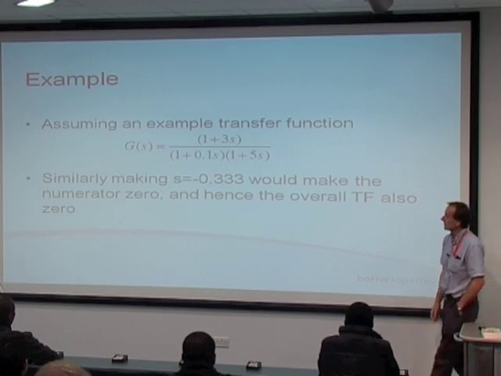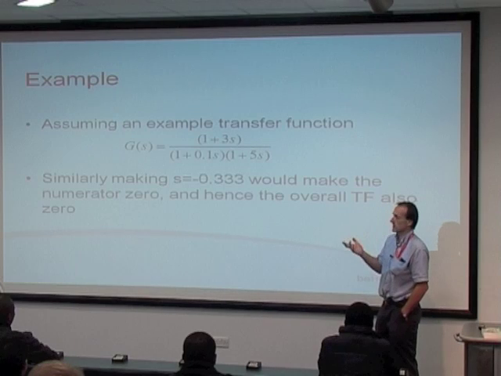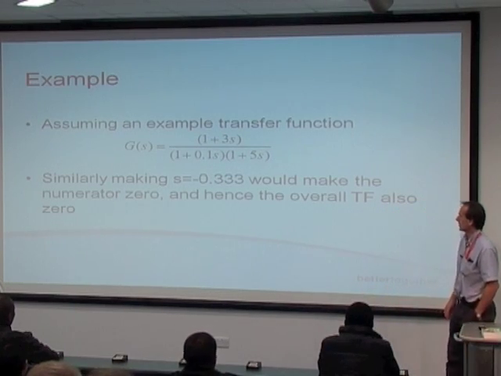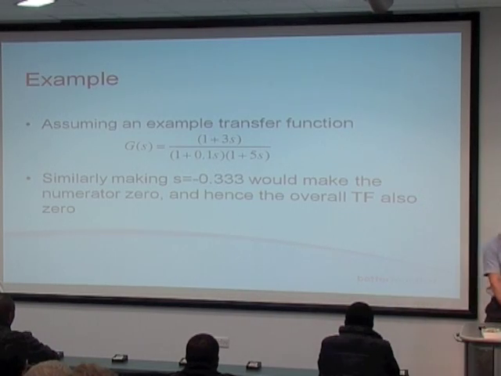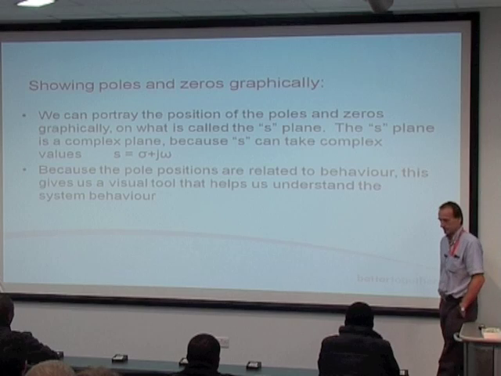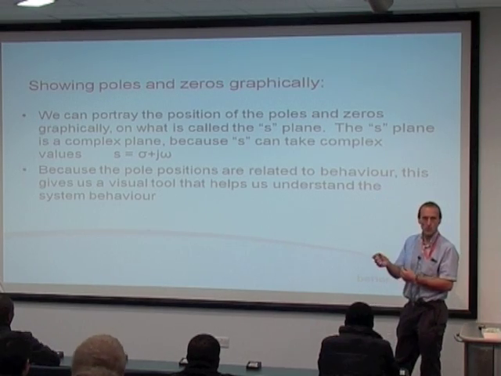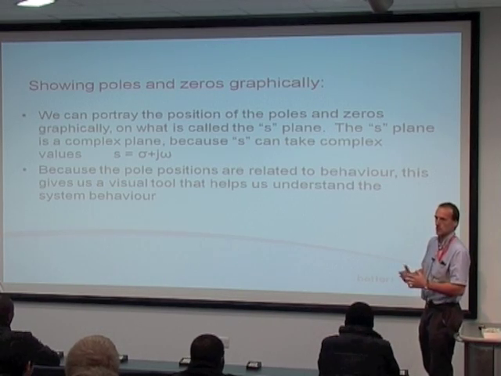In the same way, looking at the numerator now, if we made s equal to minus 1/3, it would make the numerator equal to 0, and hence the overall transfer function becomes 0 as well. That's a system zero. Okay, so we can come up with these values of s that do particular things to the transfer function. Okay, they either make it infinitely large or infinitely small.